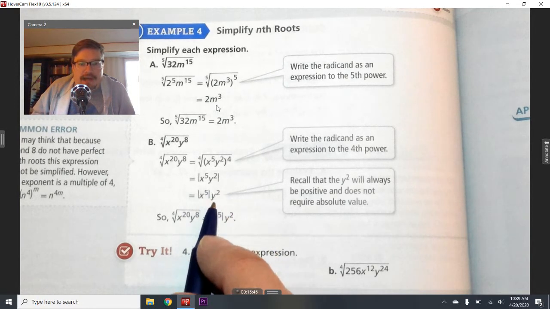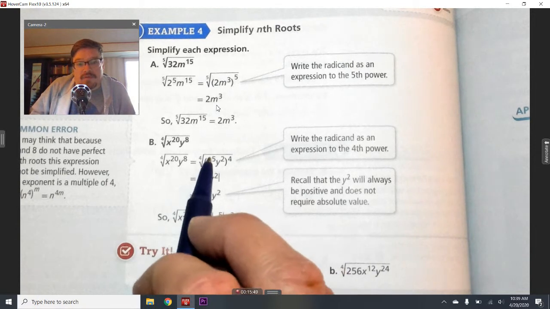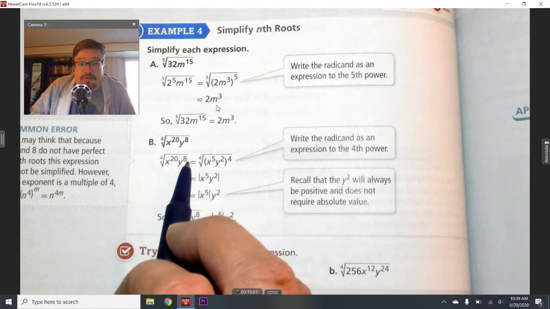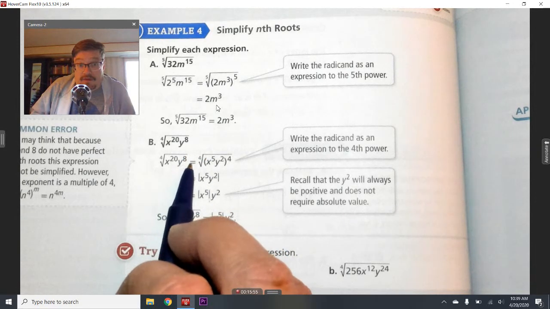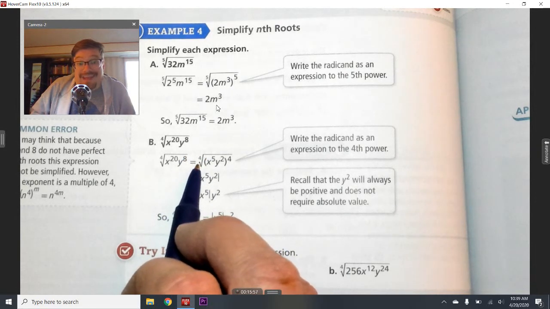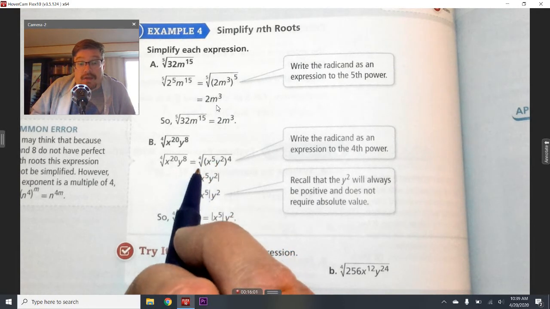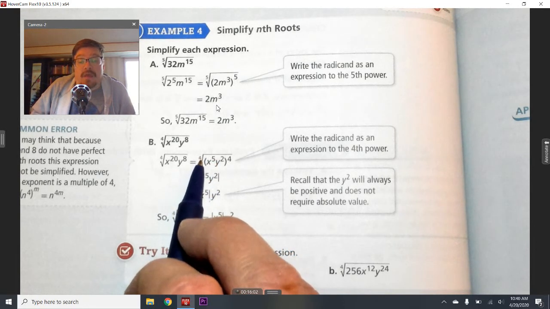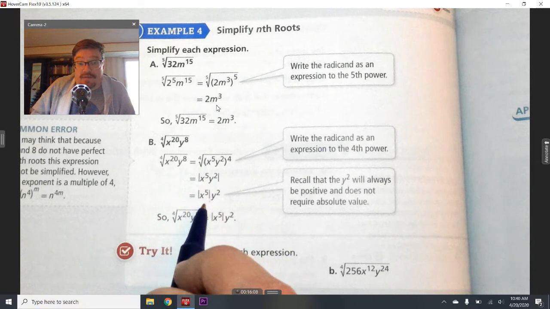Okay, now what you have to do though, all right, you don't have to worry about the absolute value on even powers, because that's always going to be positive. But here's the thing, if you pull out a variable and it goes out to the front, right there, if it has an even root and an odd power, then you have to put absolute value signs on it.